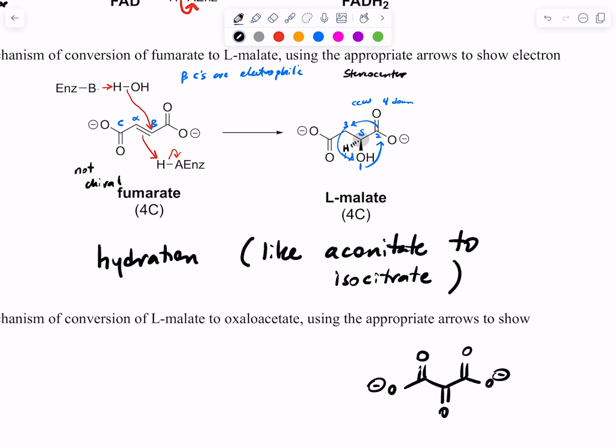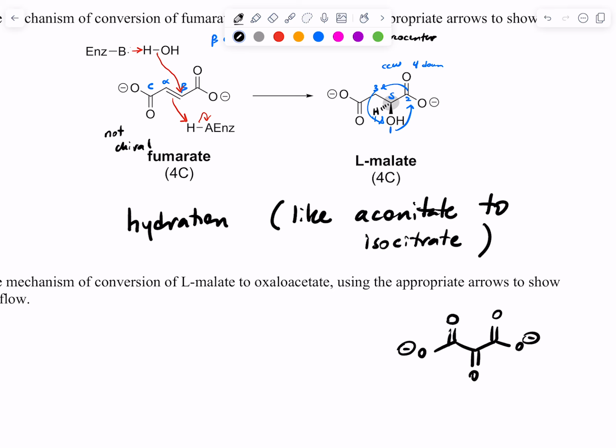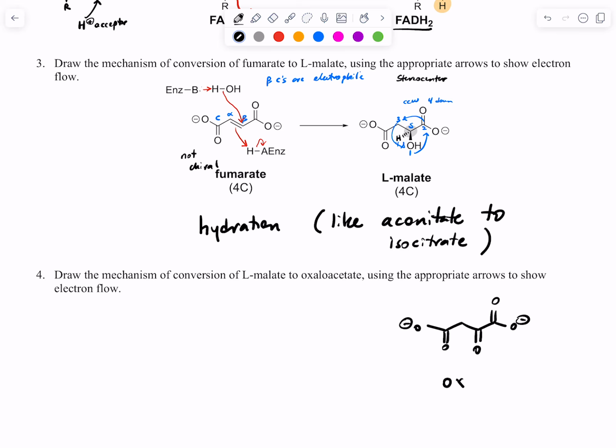Now, you've seen a reaction that oxidizes a secondary alcohol to a ketone.